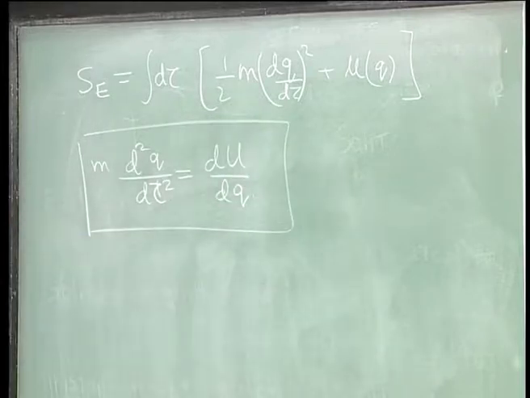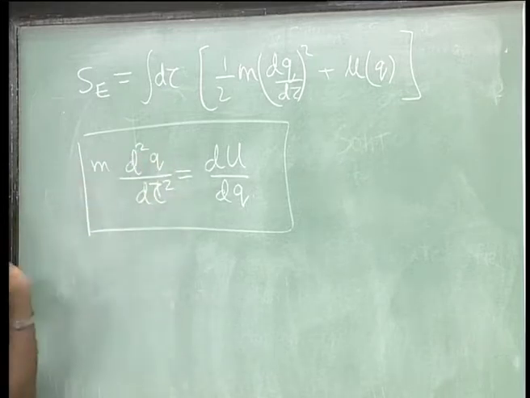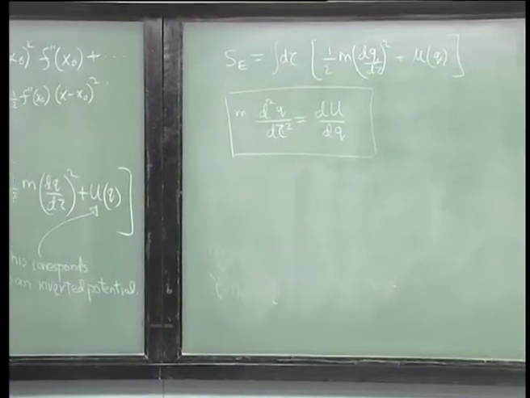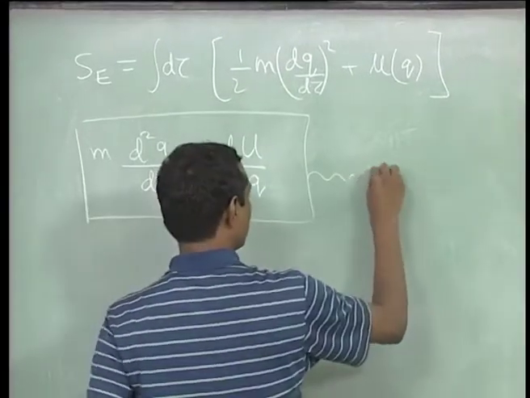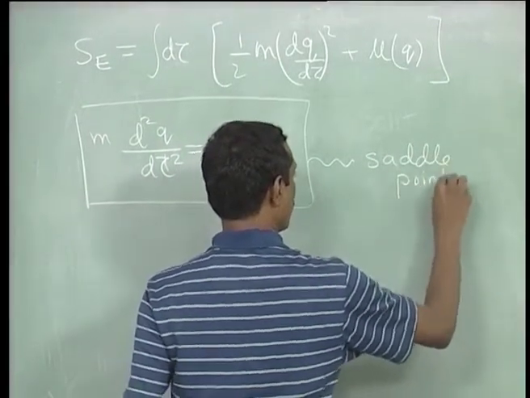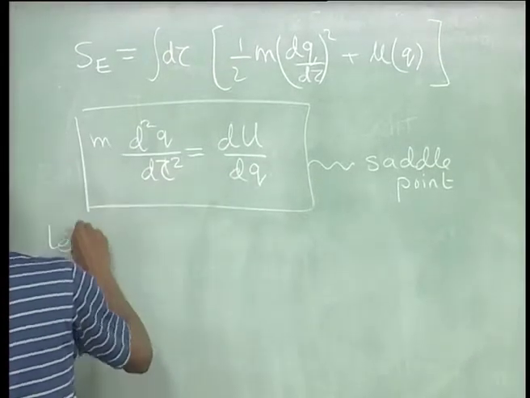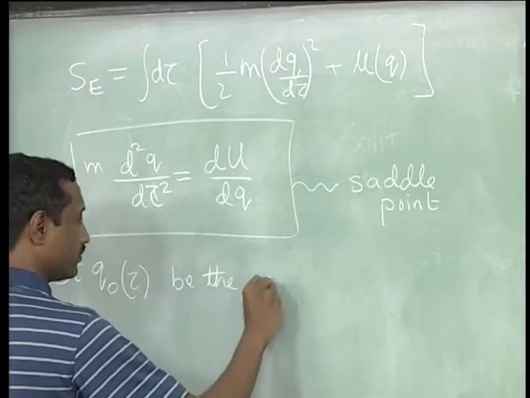Is this correct? Okay. So, just going back, if I go backwards and Wick rotate back, you can see that the signs will work out actually with what you needed. So, this is the equation, so this is the saddle point. Okay, and let q naught of tau be the saddle point solution.